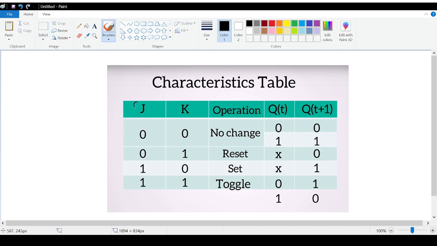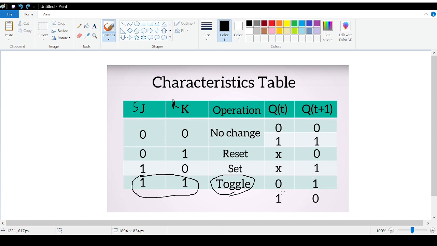So here, remember, this works like S and this works like R. The first three stay the same. Now, interestingly, when we give 1 through J and 1 through K, it toggles our flip-flop. Toggle means invert. Another synonym for invert is toggle. So if previously my flip-flop was holding 0, then it will invert it and my next state will be 1.